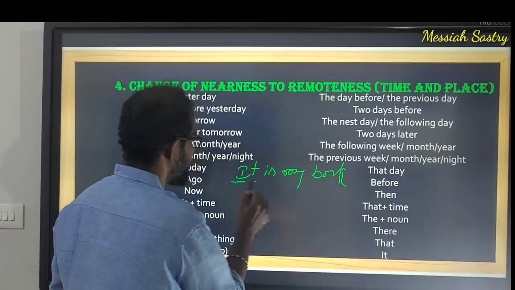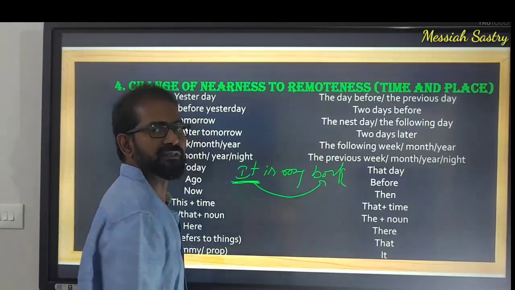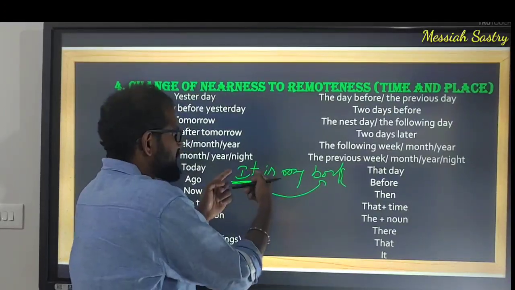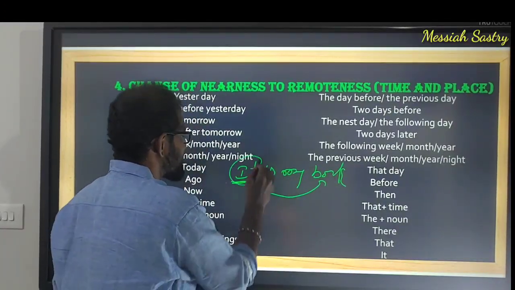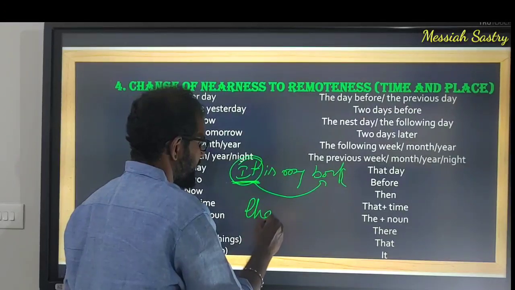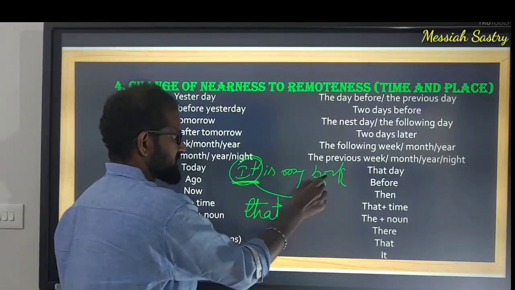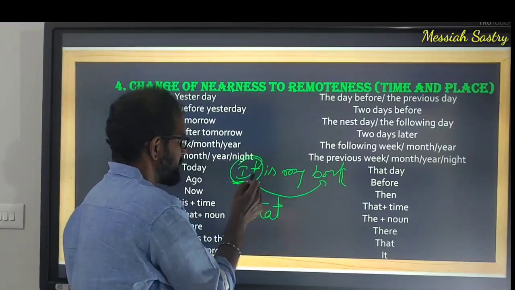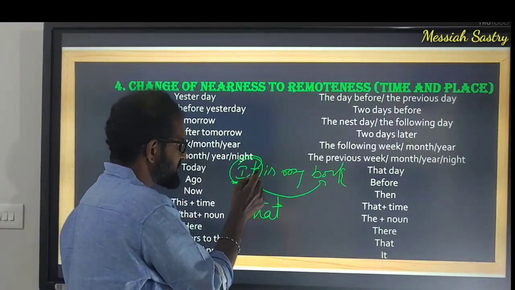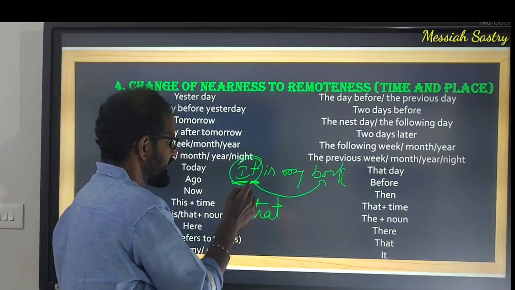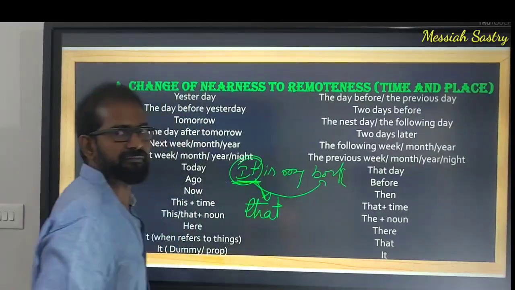Now here, it refers to book. Book is a thing. When it refers to a thing, while changing into indirect speech, it changes to that.